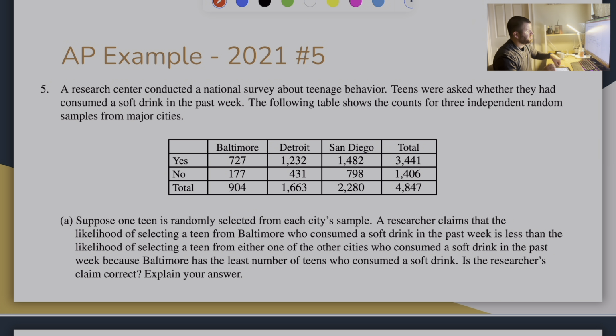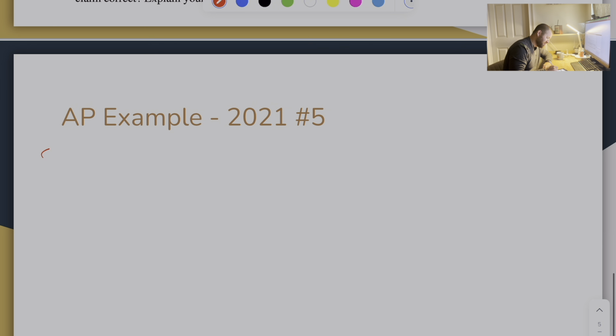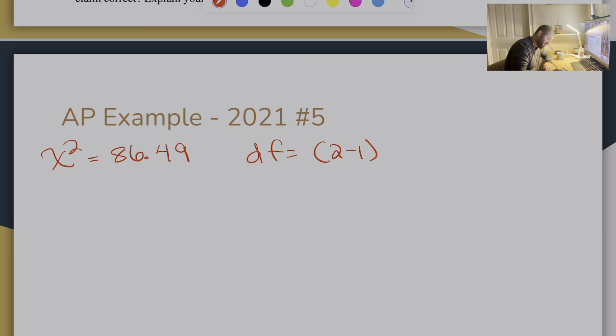And now for this particular one, here's what's crazy. If we do this whole thing out, you get a chi-square value here of 86.49. My degrees of freedom is rows minus 1 times columns minus 1, so that's just 2 degrees of freedom.